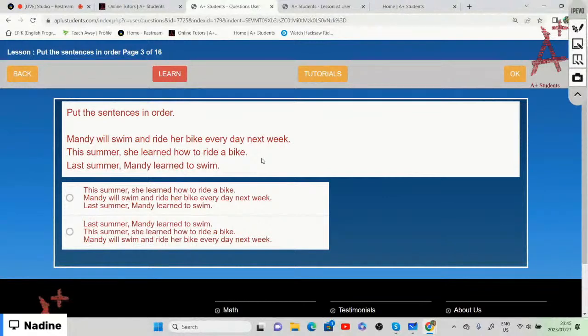The first one is this summer she learned how to ride a bike, Mandy will swim and ride her bike every day next week, and then last summer, Mandy learned to swim. Or is it last summer, Mandy learned to swim, this summer, she learned how to ride a bike, Mandy will swim and ride her bike every day next week?